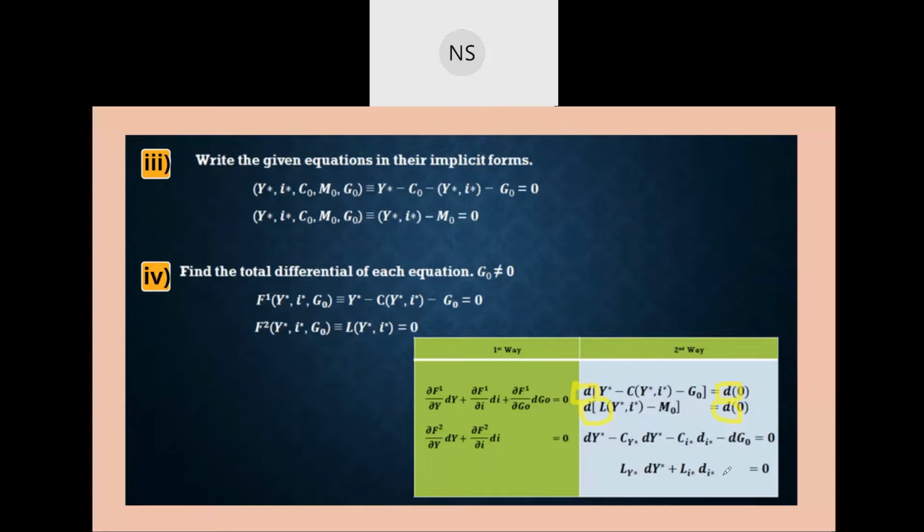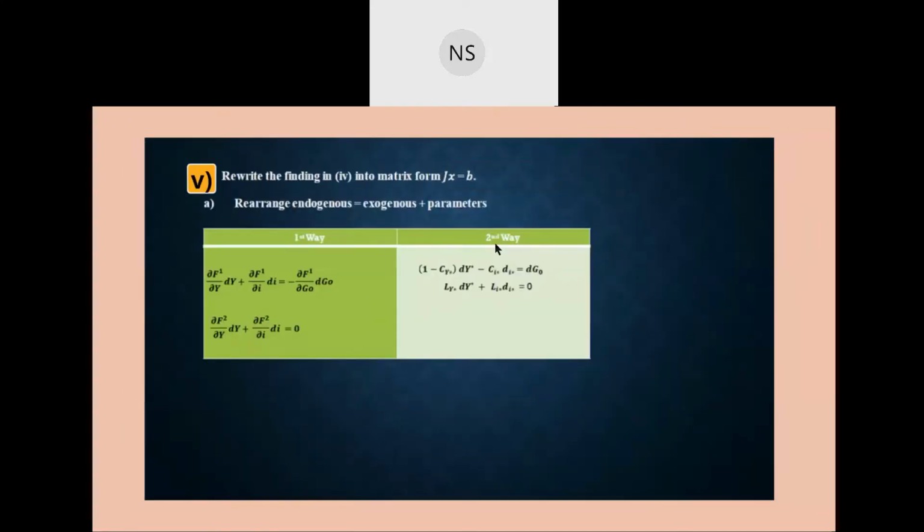Next is question 5a: rewrite the findings into matrix form Jx equal to B. There are 3 steps, and I will explain number 1. The answer is the same as the previous one, and we can get it in 2 ways. Step A is to rearrange: endogenous on the left, exogenous plus parameters on the right.